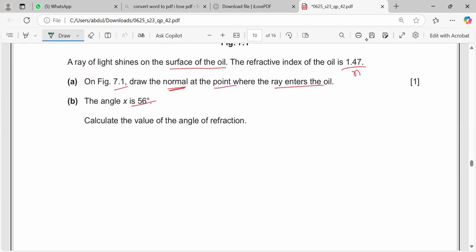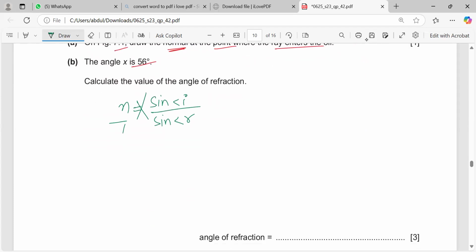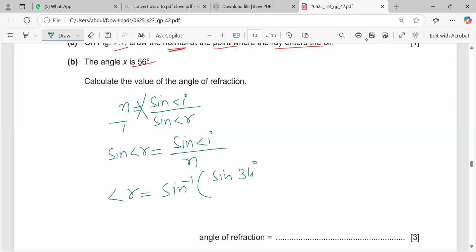Now calculate the angle of refraction. So n is equal to sine angle of incidence over sine angle of refraction. Cross multiply, make the angle of refraction the subject of the equation. So sine of angle of refraction is equal to sine of angle of incidence over n. Angle r is equal to sine inverse of sine 34 degrees over 1.47.